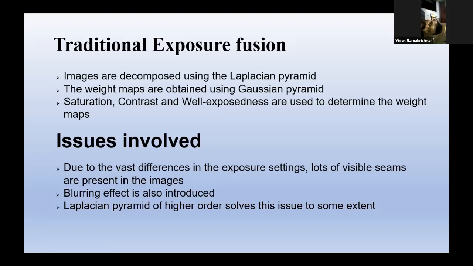There is some maximum or minimum limit to which an image can be reduced, right? Everything has a minimum and a maximum limit in a physically realizable system. So there is some limit to going for the higher order Laplacian pyramid, and you get visible seams and some kind of blur.